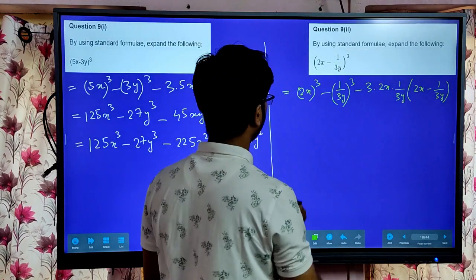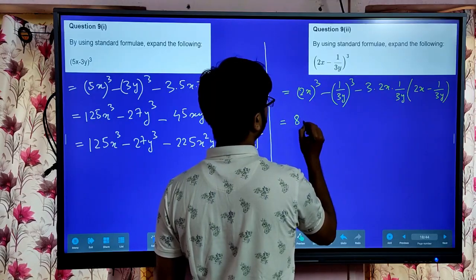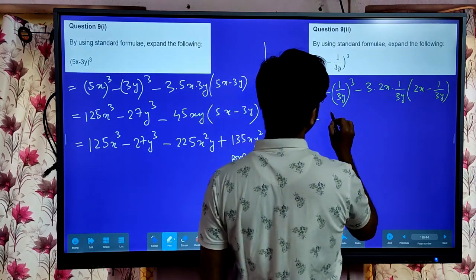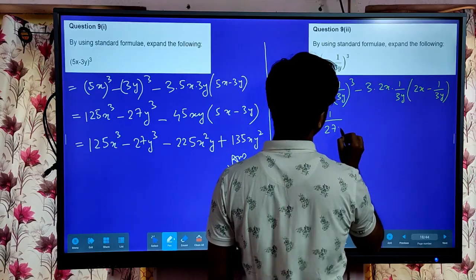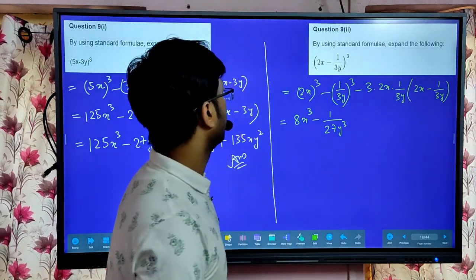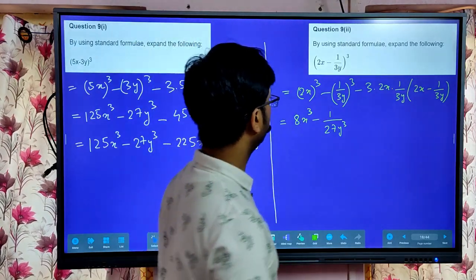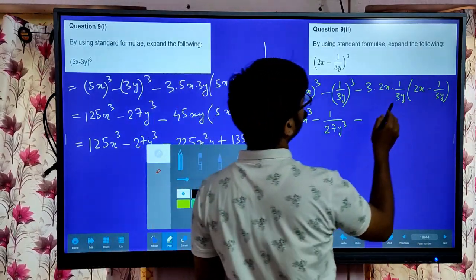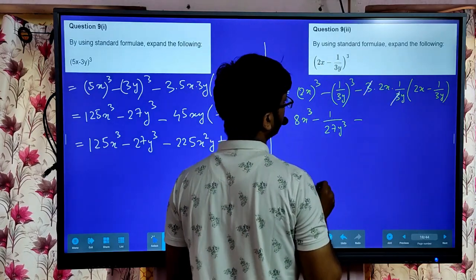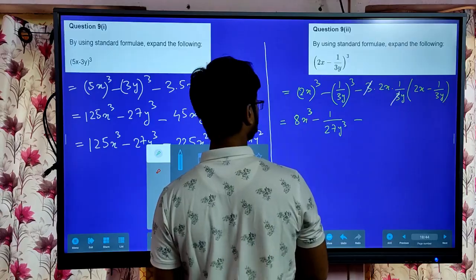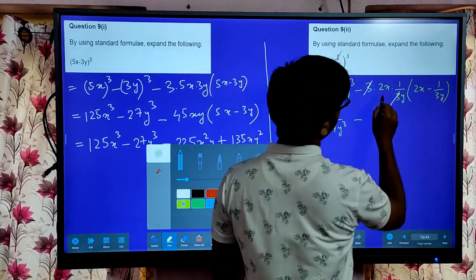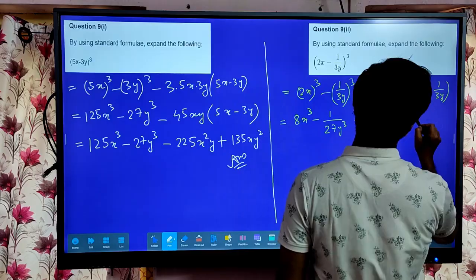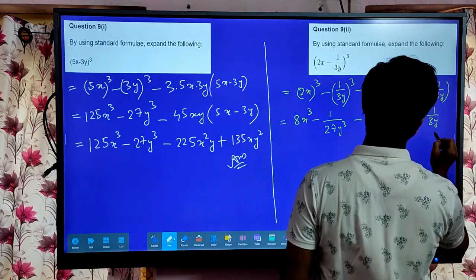So it will be 8x cube minus 1 by 27y cube minus... this 3 will get cancelled out with this 3, so it will be 2x by y into 2x minus 1 by 3y.